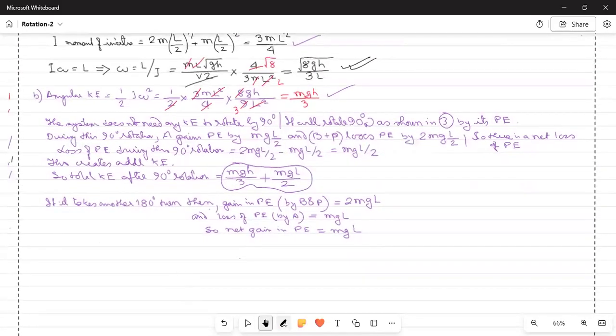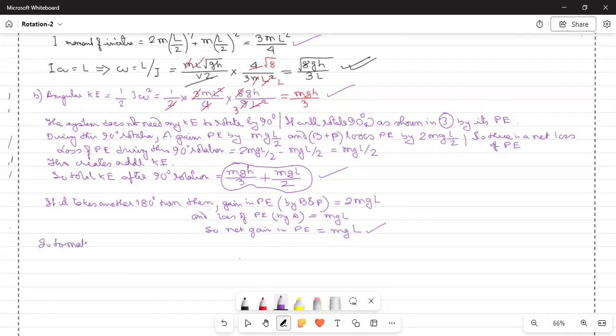Now we have to see whether this amount of kinetic energy can provide this amount of potential energy. If it can provide, then it will take a full 180-degree turn. Otherwise, it may take a turn of less than 180 degrees. Again, the heavier end will drop to the bottom. So we equate these two.